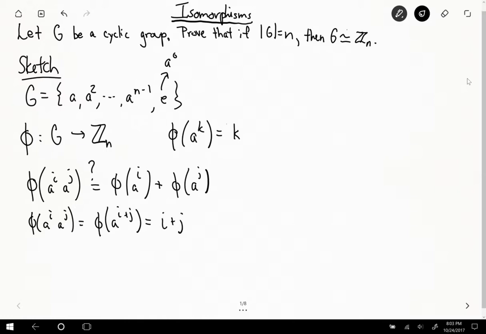And then, wait a second, i is just phi of a to the i, and j is just phi of a to the j. So we do have our equality. So this line right here shows that it's a homomorphism.